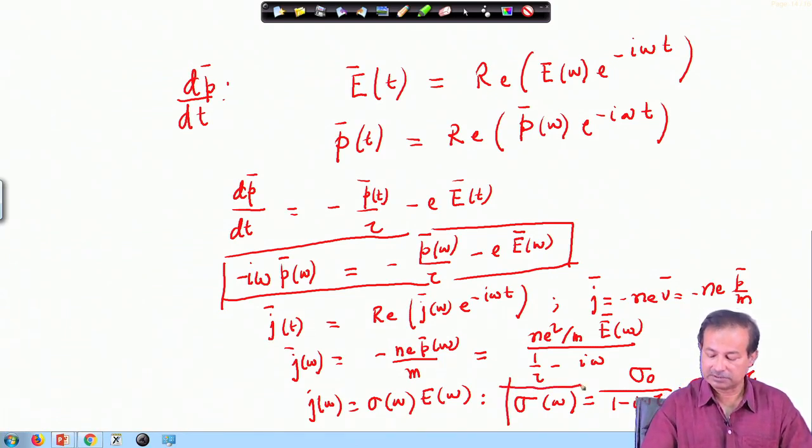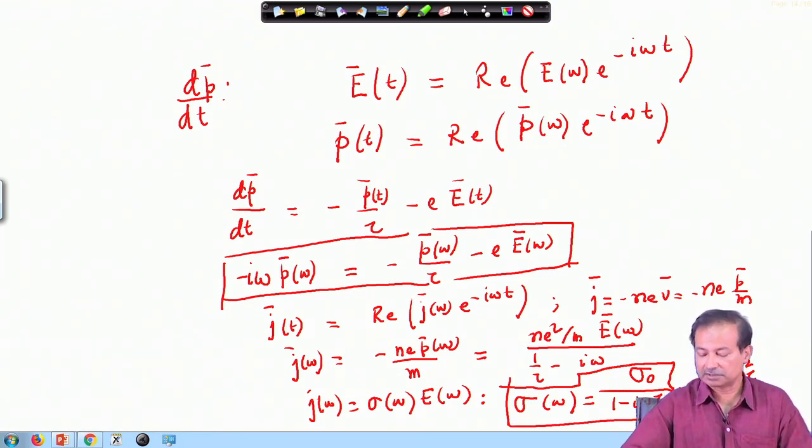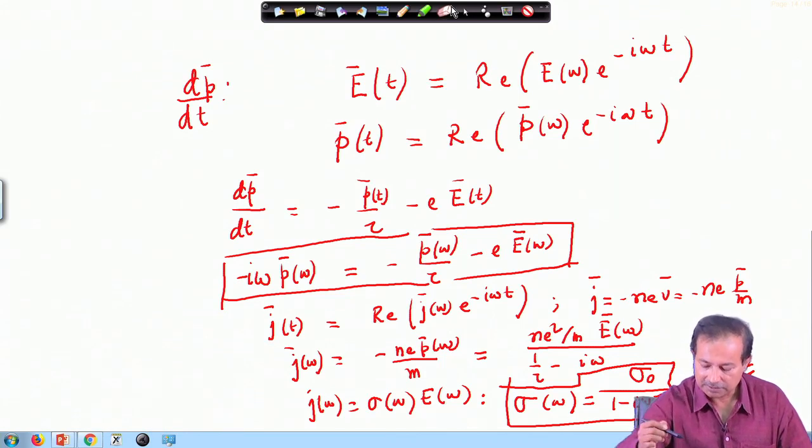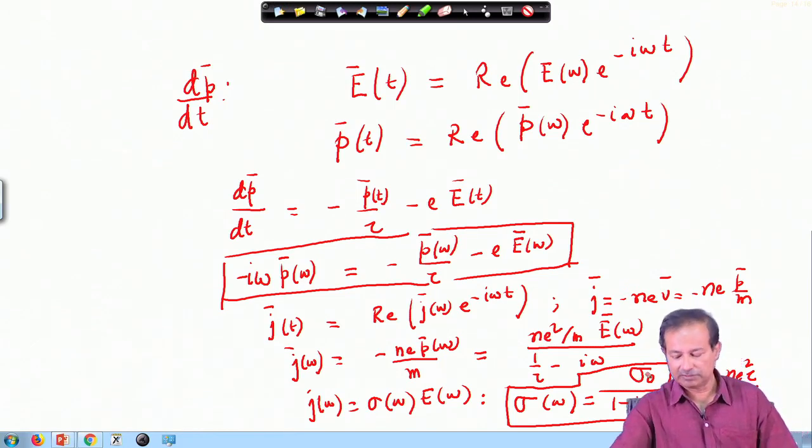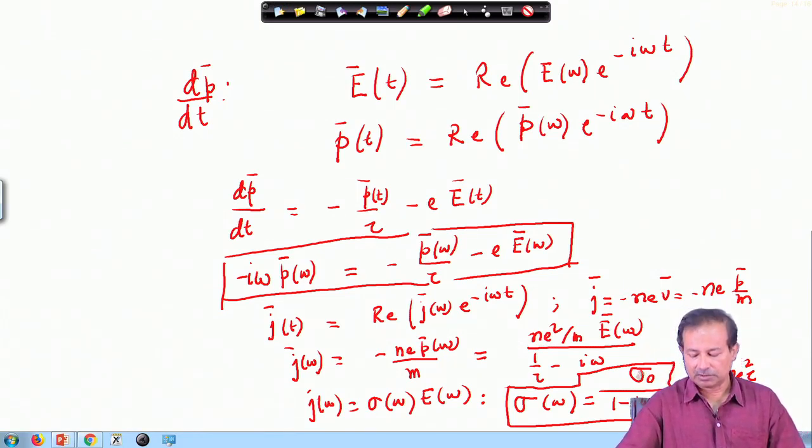So, that is what happens when you have a time varying electric field applied to the system. The conductivity is now a complex number, and this complex behavior is dictated by sigma naught divided by 1 minus i omega tau.